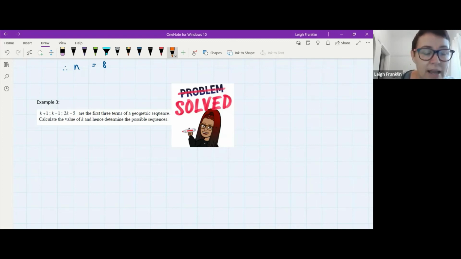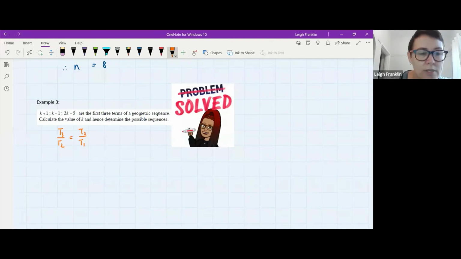So we are subbing into term 3 over term 2 equals term 2 over term 1. We need an equation in order to solve for K, and it is our constant ratio or common ratio that is the same in this case.